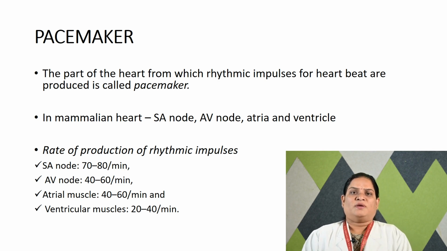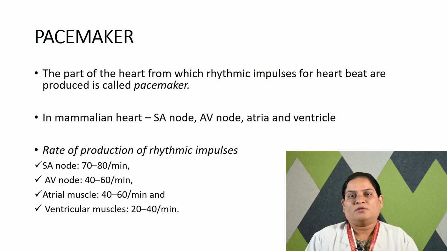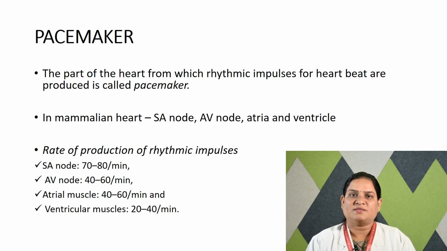As we know, in the amphibian heart, the pacemaker is the sinus venosus. In the amphibian heart, only 2 atria and 1 ventricle are there, and there the mixing of blood occurs. Here in the mammalian heart, there is no mixing of blood.